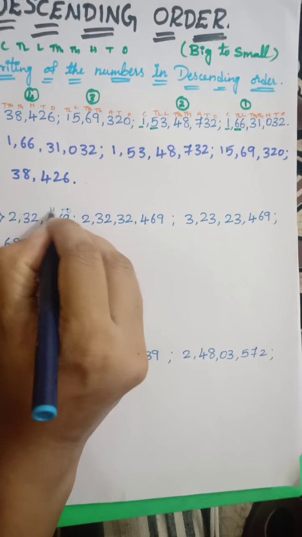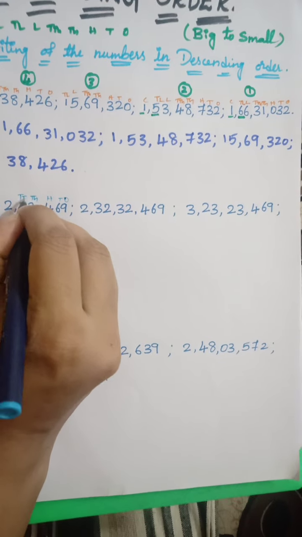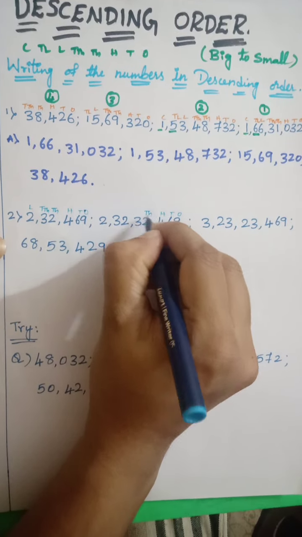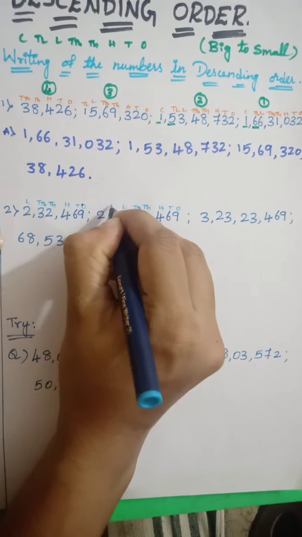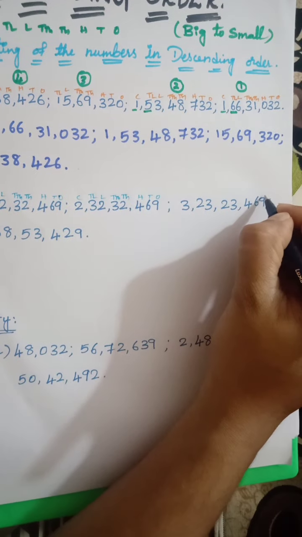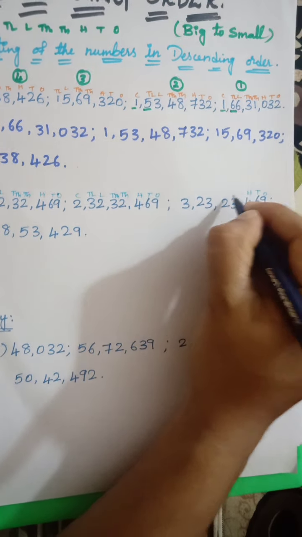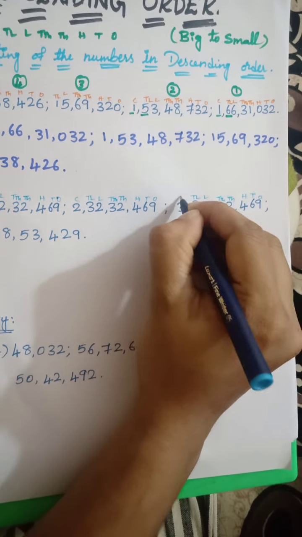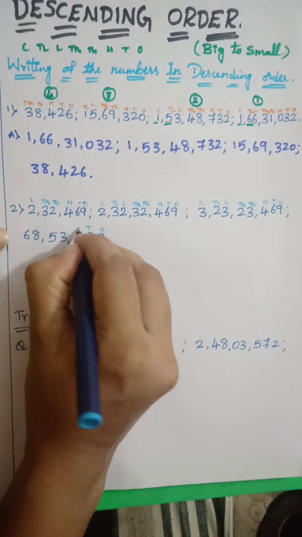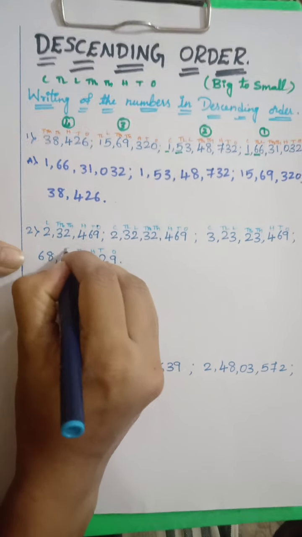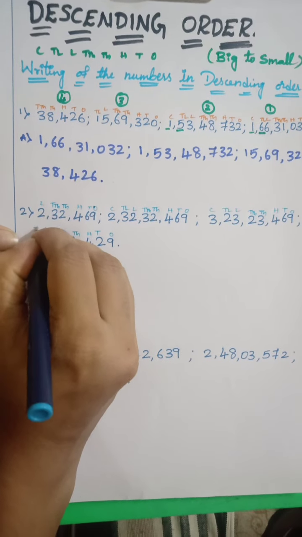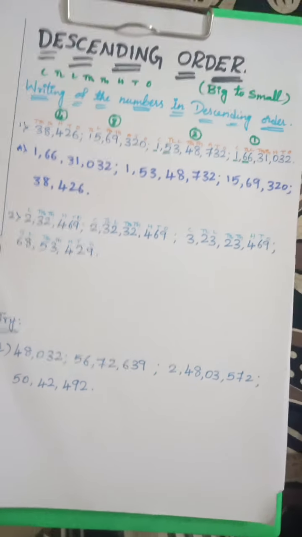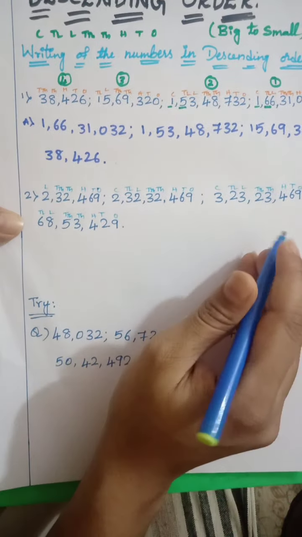Ones, tens, hundreds, thousand, 10,000, lakh, 10 lakh, crore. Once we write the place values, it will be very clear in order to solve.